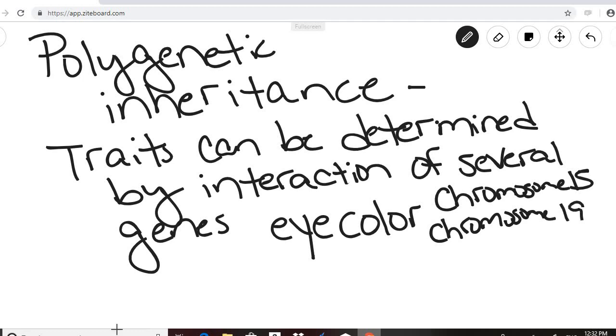So it's not a single gene that determines your eye color, but different genes. And we know that height and skin color are other traits that rely on the interaction of more than one chromosome, and that's called poly. So poly means many or more than one, polygenetic inheritance.